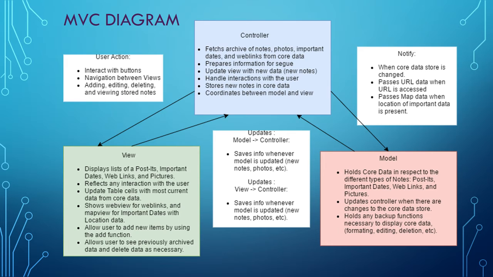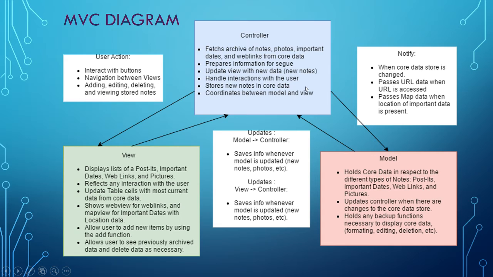The user was able to update different cells with the most current data from core data, and this would be reflected in the view, as well as showing the web view for the web links and the map view for the important dates location data. Finally, the view allowed users to add new items to each of the different types of notes, and it allowed users to see the previously archived notes from core data.